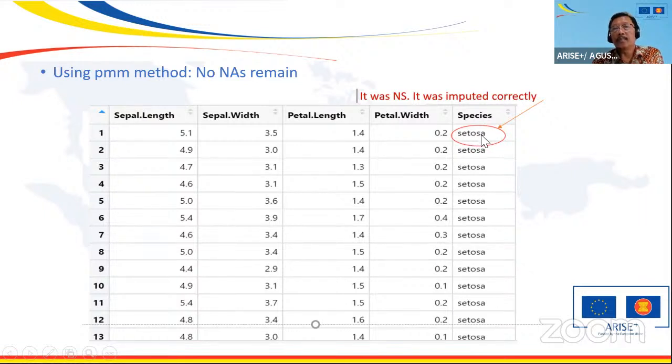So maybe for species you assign number 1 to Setosa, Versicolor 2, Virginica 3, like that. So it has to be numeric. But in this PMM, we can have this as it is, and we got this Setosa imputed.